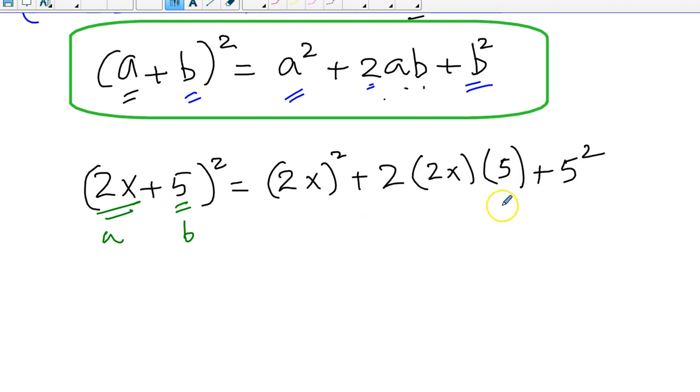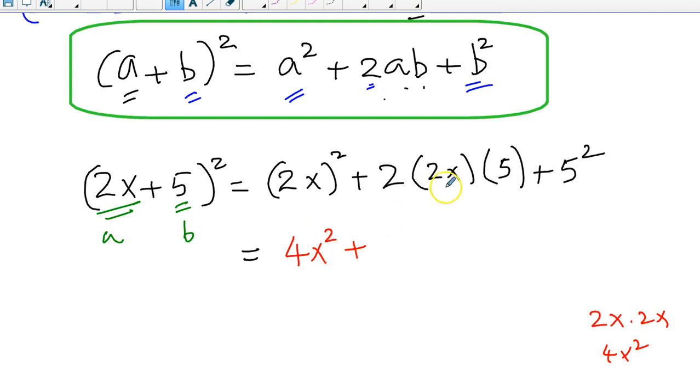Now this answer is not in simplified form. You can simplify it. 2x square means 2x times 2x. That is 2 times 2 is 4 and x times x is x square, so 4x square.